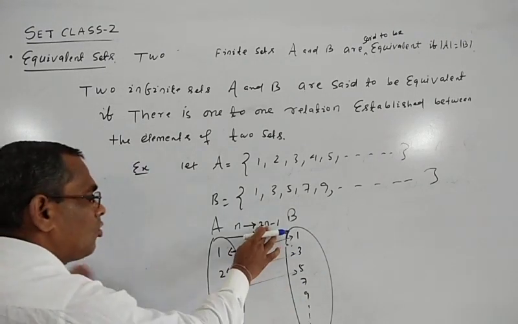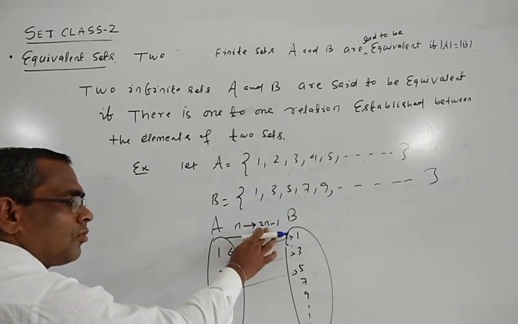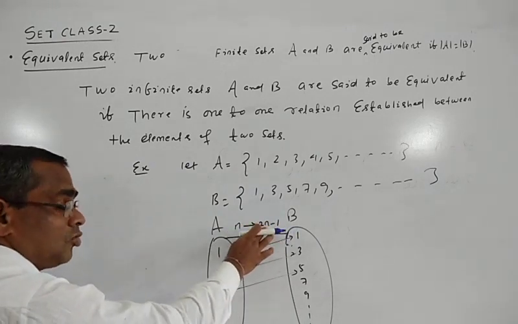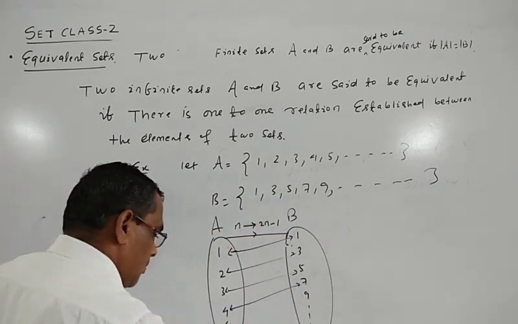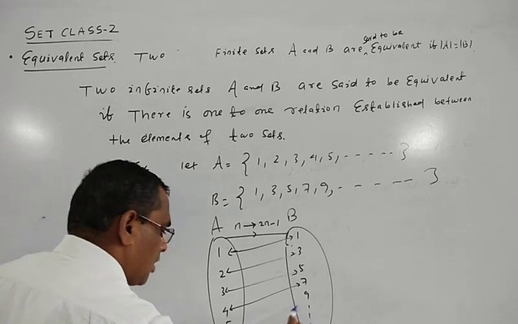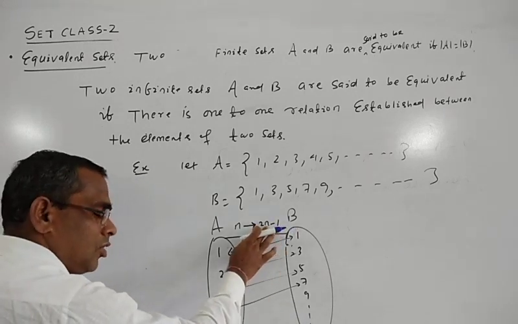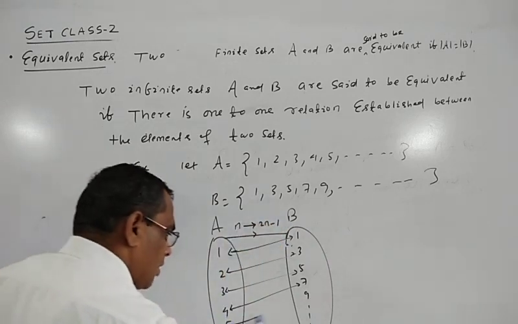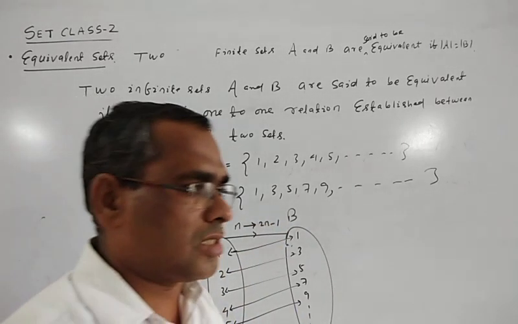If we put n is equal to 4, then 2 into 4 is 8, minus 1 is 7. So 4 goes to 7. If we put n is equal to 5, then 2 into 5 is 10, minus 1 is 9. So 5 goes to 9. So this is a one-to-one relation established.